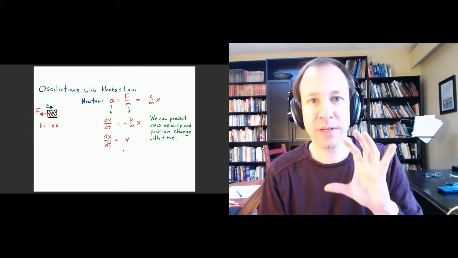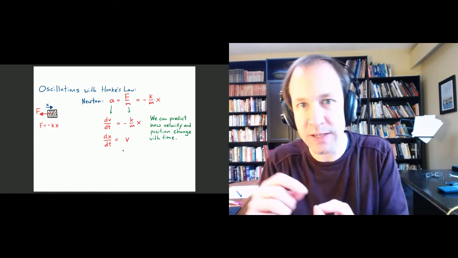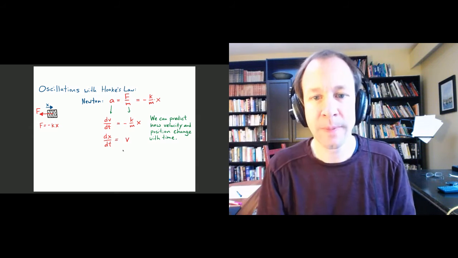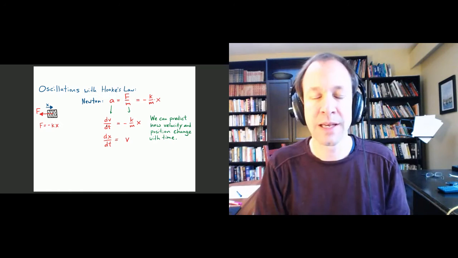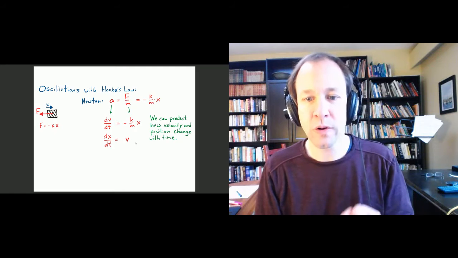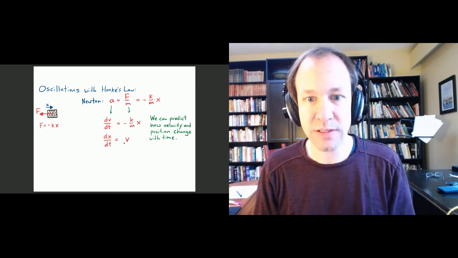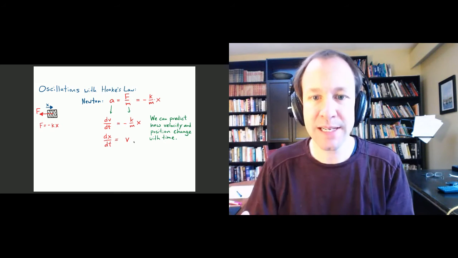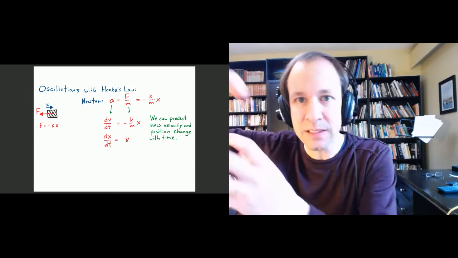If we want to know what the new velocity is 0.01 seconds into the future, or what the new position is a small amount of time into the future, we could just multiply the rate of change of velocity by that amount of time, and that gives us the amount by which velocity changes. Or we multiply the velocity by the small amount of time, and that gives you the amount by which position changes. So we started with some position and some velocity, and we were able to predict, based on these rates of change, what those positions and velocities would be a little bit into the future.